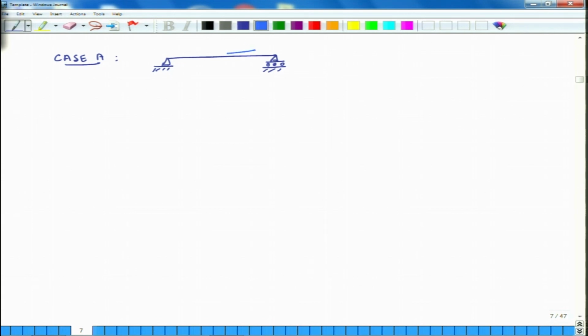So, this is my x, this is the y direction, and the boundary conditions are u equals v equals w equals mx equals 0 at the negative end, and at this end we have nx equals nxy equals w equals mx equals 0 at the positive end.